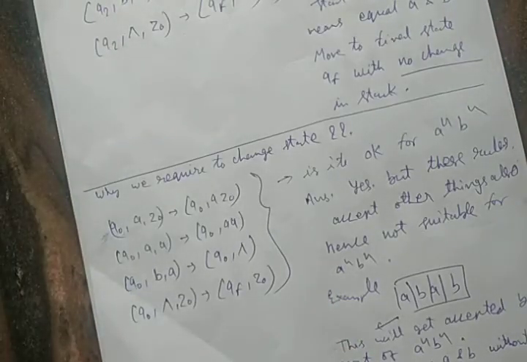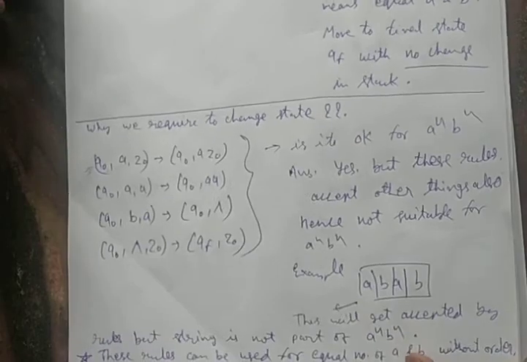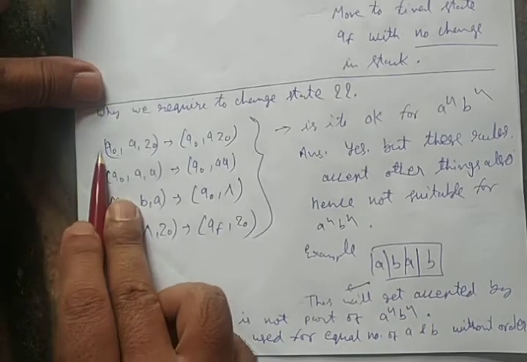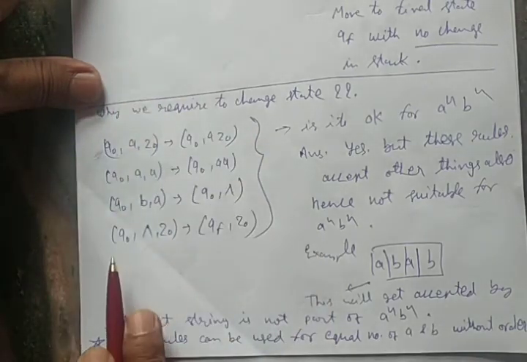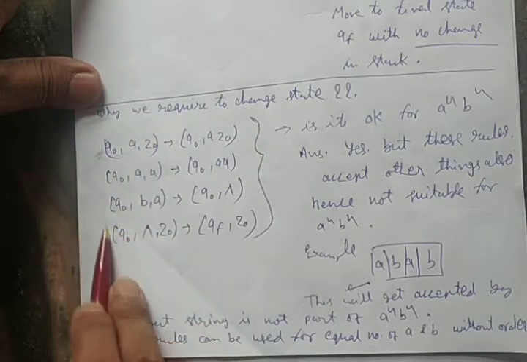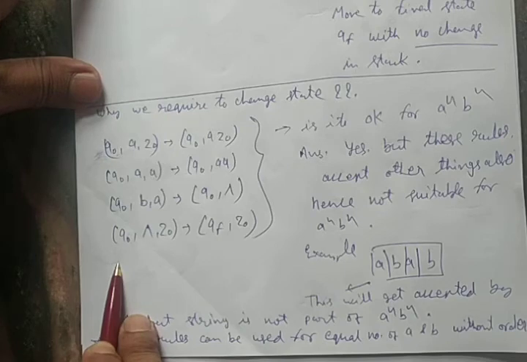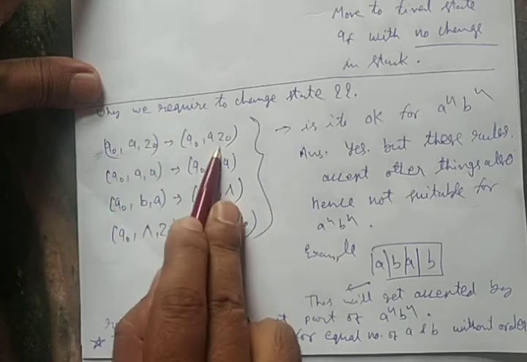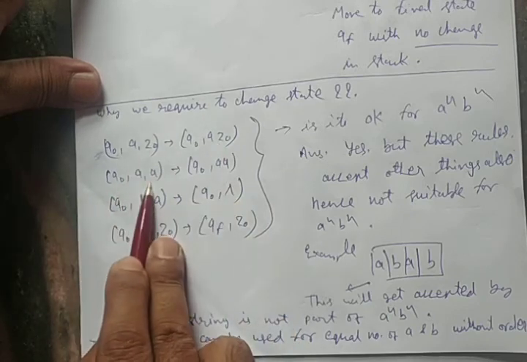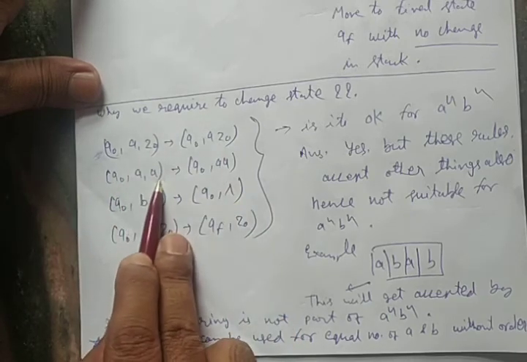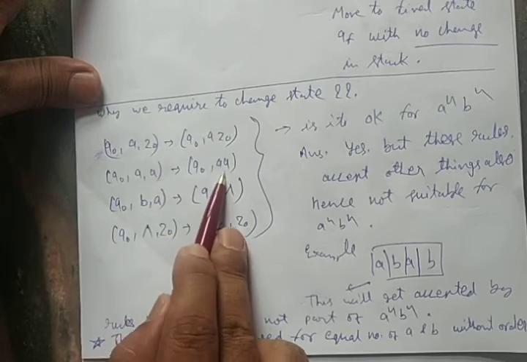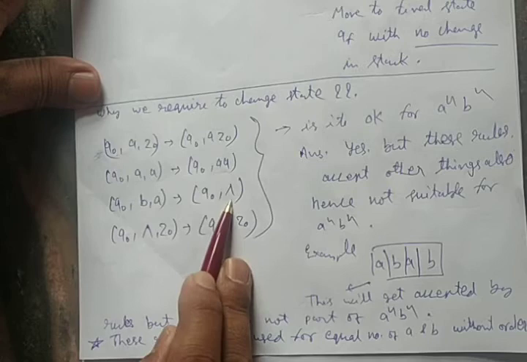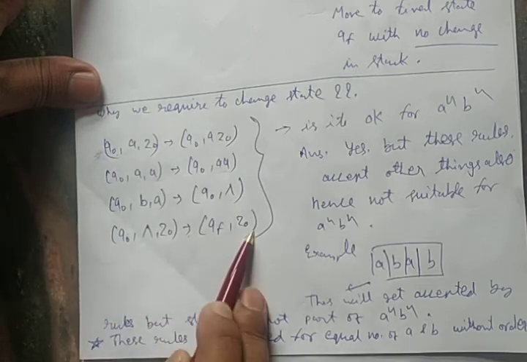Now, let's see why we require changing the state. Suppose the same rules which I gave earlier, without making any change in my state. I have represented that in Q naught, if I get A, Z naught, I'll insert it. If I get A and the stack has A, then definitely again insert. For B, I am going to delete, and for null, I am going to utilize this.